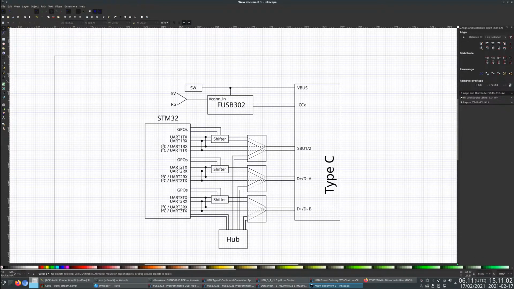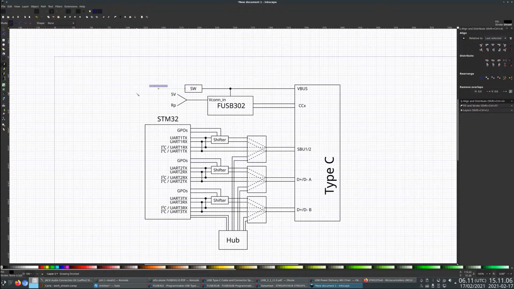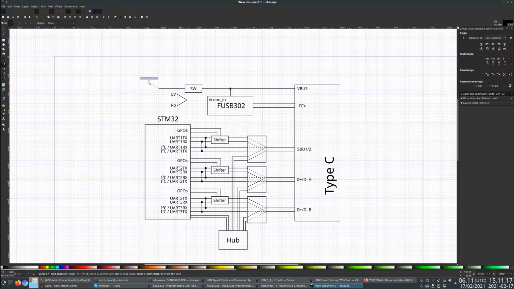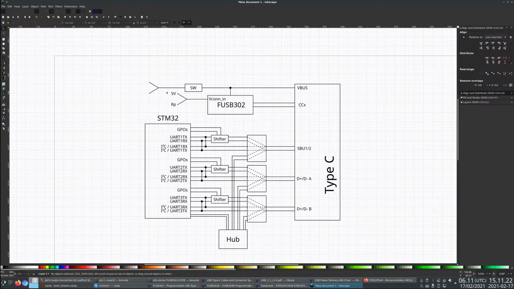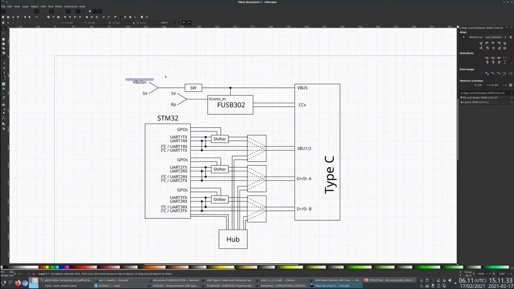And then on the other end, I'm thinking that we will do another jumper option here. So we're going to have either system 5 volts or VBus in, which is going to be from some connector somewhere.